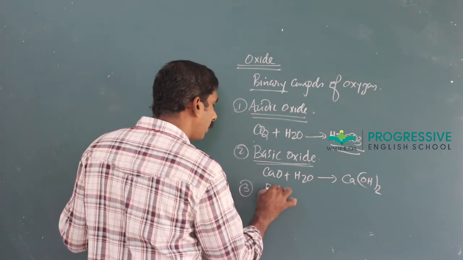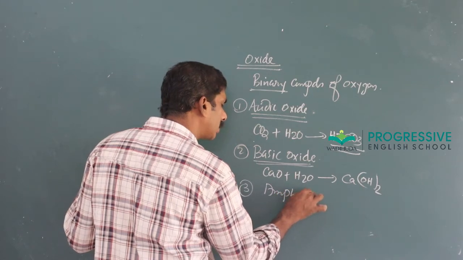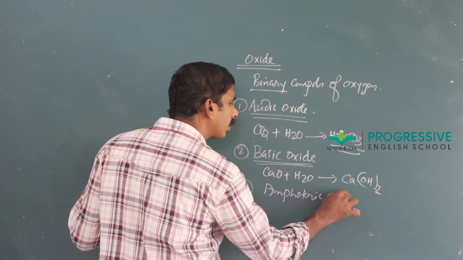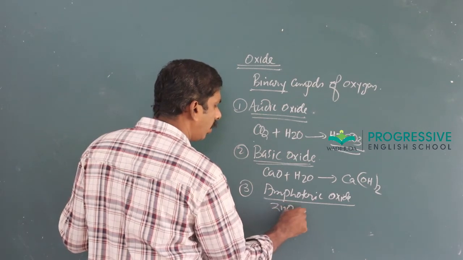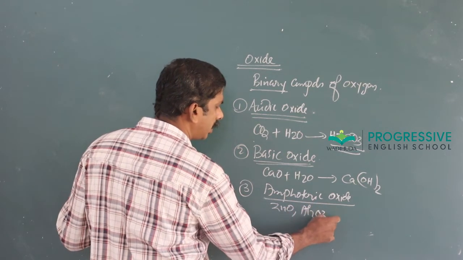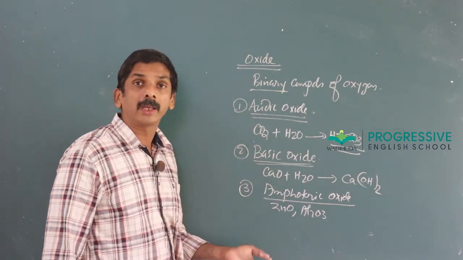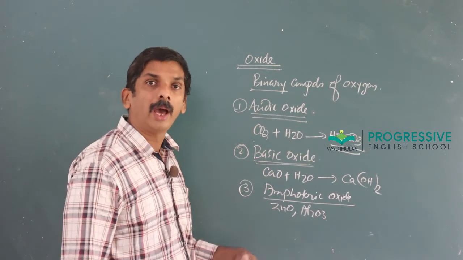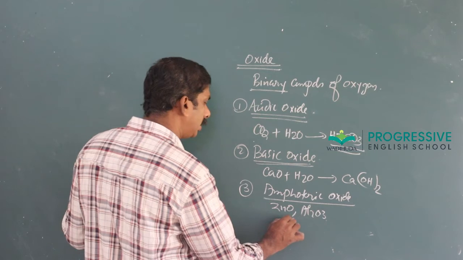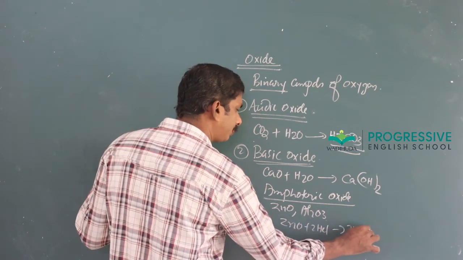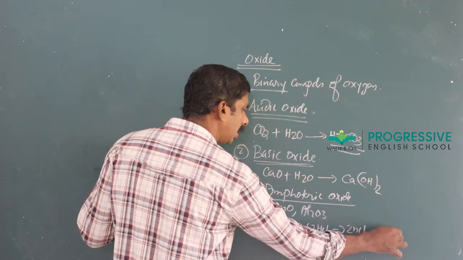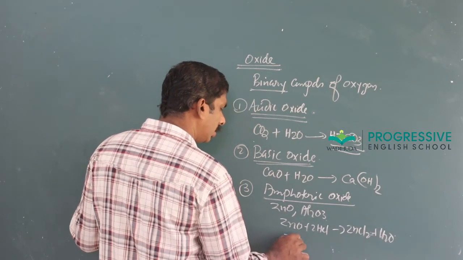Third one is amphoteric oxide. Examples are ZnO, Al2O3, etc. Certain oxides can react with acid as well as base. ZnO plus 2HCl gives ZnCl2 plus H2O.